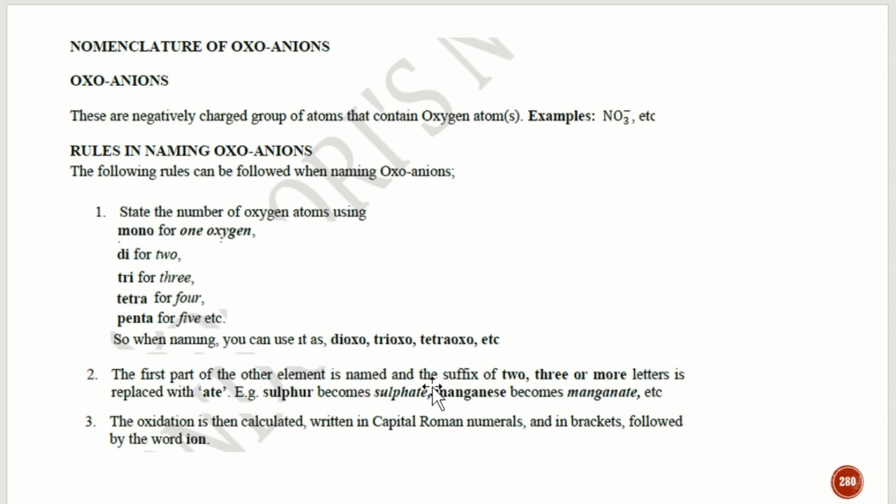Manganese becomes manganate. And we now calculate the oxidation state, and we write that in capital Roman numerals and in brackets. If you don't understand how oxidation states are calculated, you can watch my video on how to calculate oxidation state.